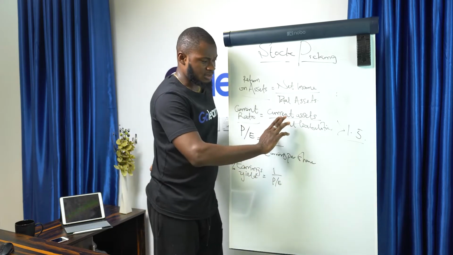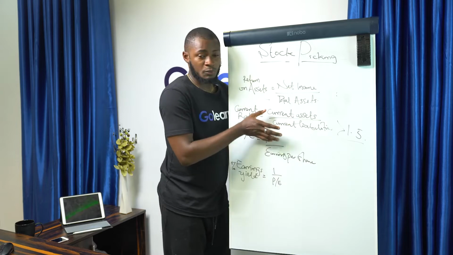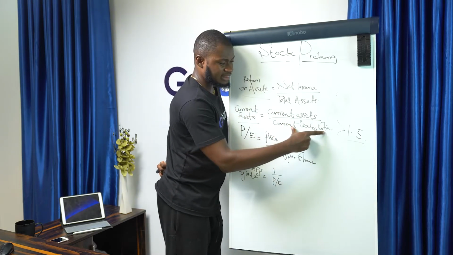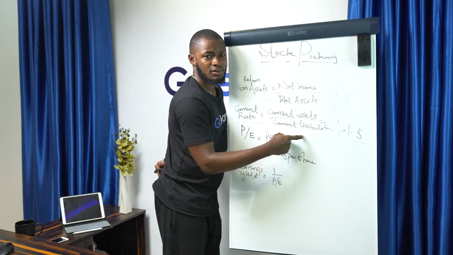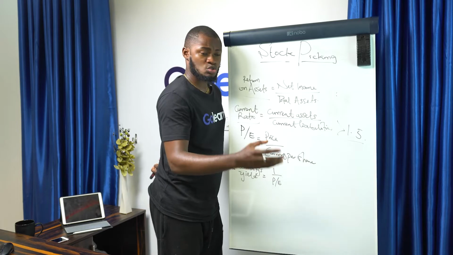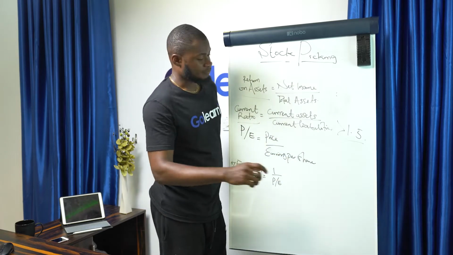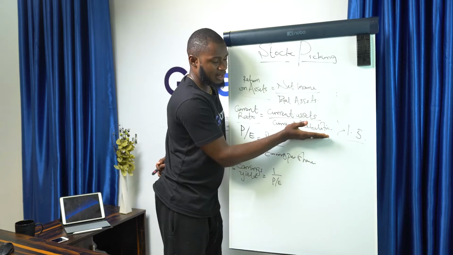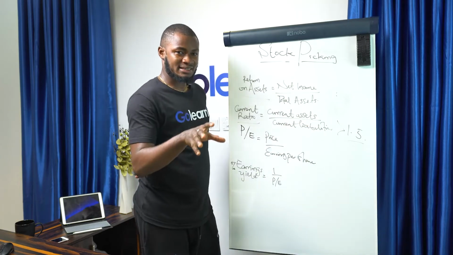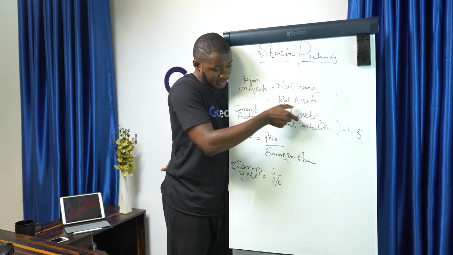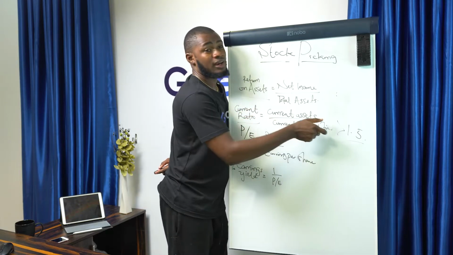This is a weak test in the sense that I'm just taking the current liabilities, which are what the company owes within 1 year. Now, I'm taking the current assets and dividing by the current liabilities. But an asset test for a company is when you take the current assets divided by the total liabilities.